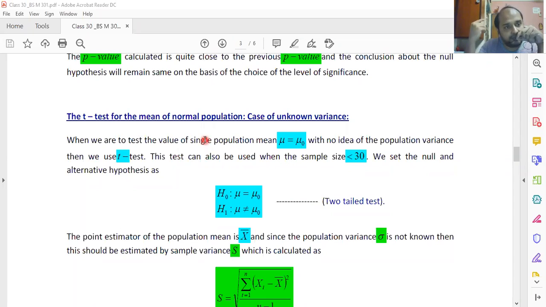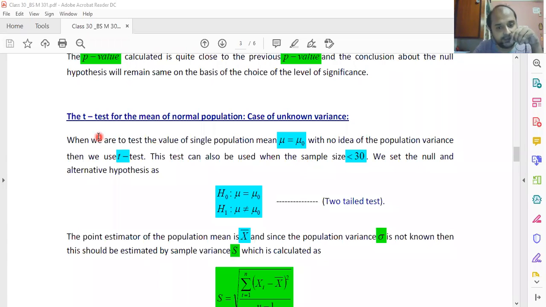In the previous case, we used the z-test. And in the previous class, the value of the population variance was assumed or known to us. But here is a situation where population variance remains unknown to us. If so, then also the t-test is applicable.